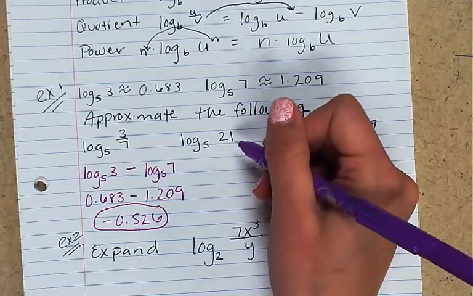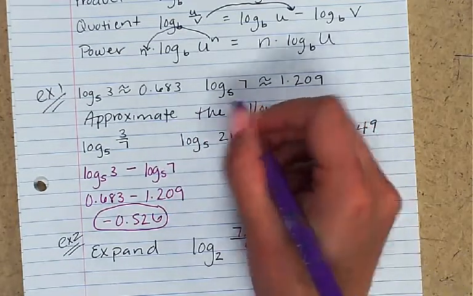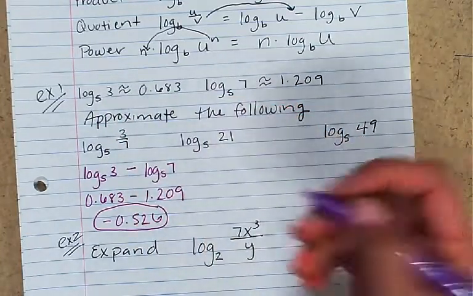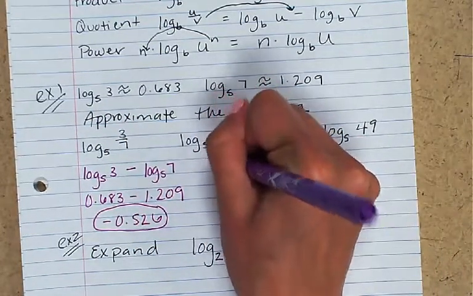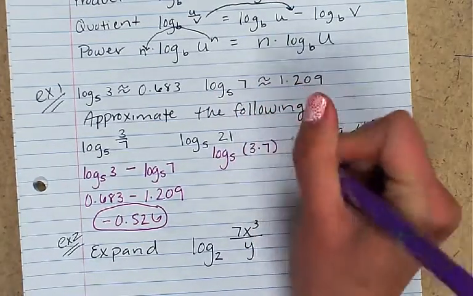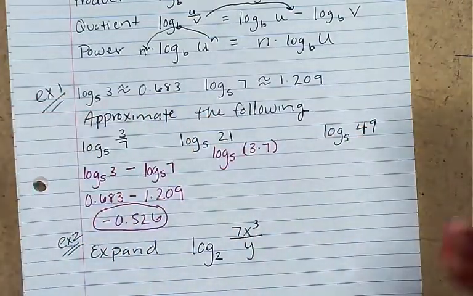Okay, so think if you can figure out a way to write 21 using 3s and 7s, because that's what we have, log base 5 of 3 and log base 5 of 7. It's actually 3 times 7. So now that I have it written that way, I can use the product property to pull it apart.